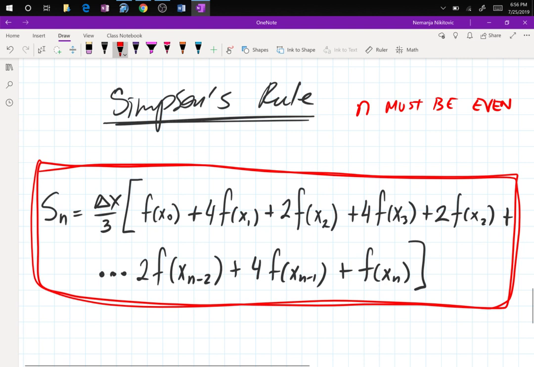If you have 5 rectangles, you can't fit the 1 4 2 4 pattern because it will end on a wrong number. You are required to alternate 4 and 2 for as long as you have to go, and you have to end symmetrically. So if it was 1 4 2, you have to end with 2 4 1.